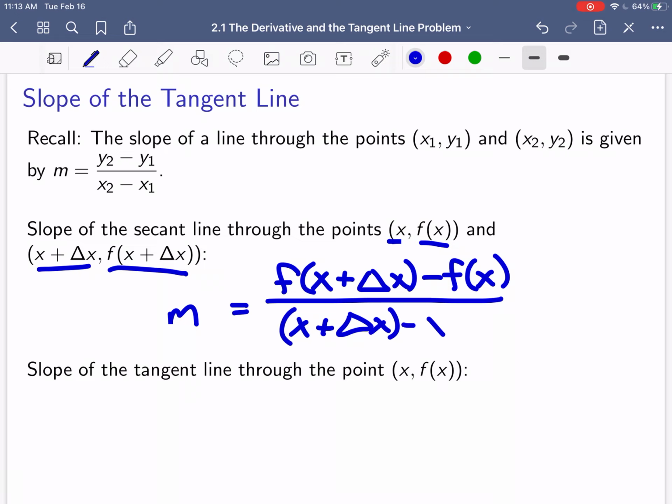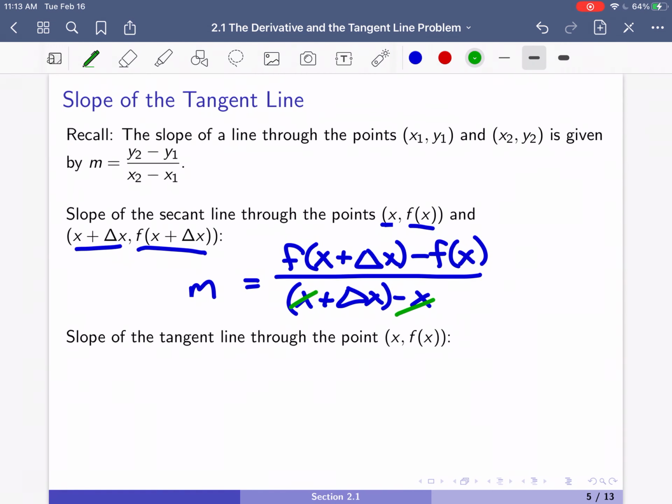And so on bottom, the x values will cancel, and so we're left with f of x plus delta x on top minus f of x. And on bottom, we're left with just delta x. So that's the slope of a secant line.